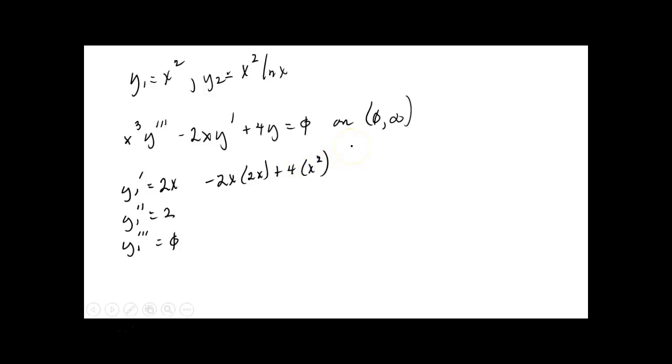The question is, is this equal to 0? Well, this is minus 4x squared plus 4x squared, and sure enough, that's equal to 0. So y1 equals x squared would be good on any interval. You're not limited to this one.